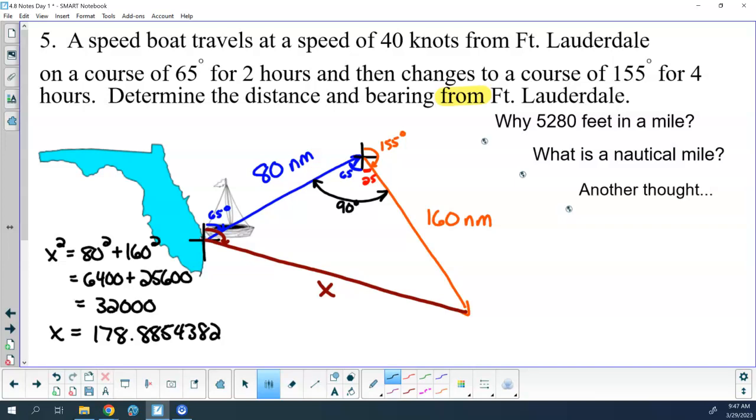Agree with me on my calculations. Okay. So the boat is 178.89 nautical miles from Fort Lauderdale.